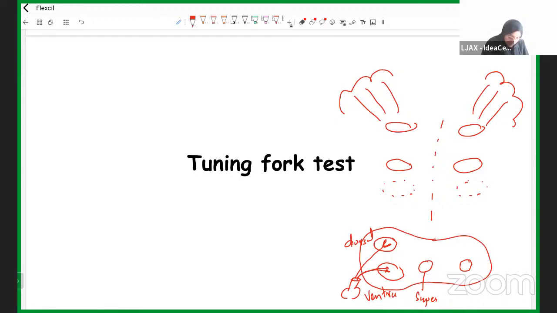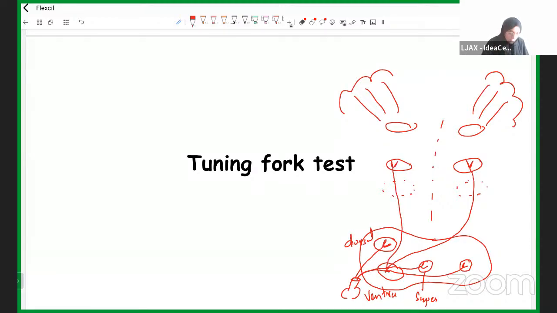From here, what will happen? The nerve impulse, the sound, will travel from the spiral ganglion in the cochlear nerve, and from there it will travel into the superior olivary nucleus like this. And from here, one will enter into the opposite side and the other will enter into the ipsilateral side.